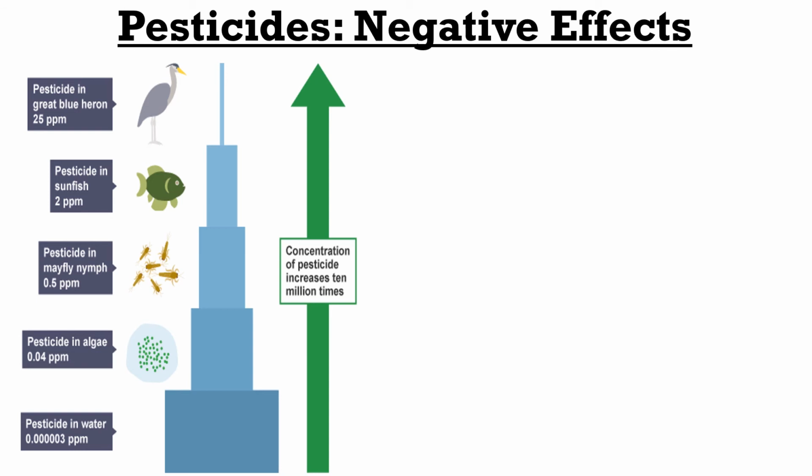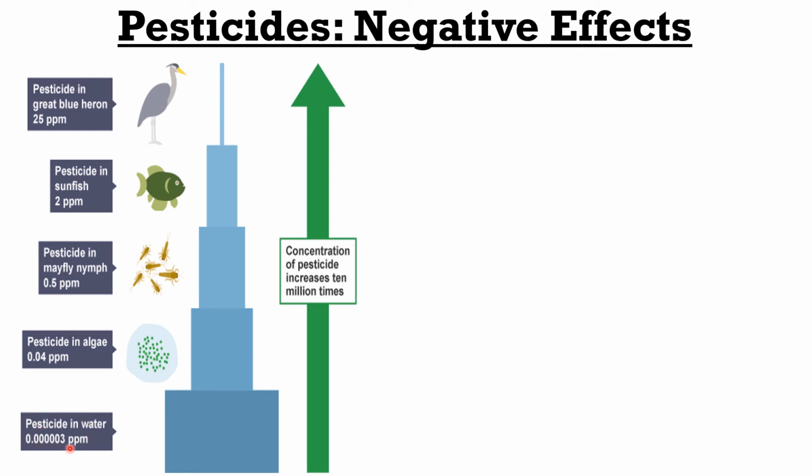However, pesticides do have negative effects as well. What we've got here is a food web, and you remember this is your pyramid of, it's not clear whether this is a pyramid of biomass or a pyramid of energy, but we've got our food web here. You've got the algae, which is consumed by mayfly nymph, which is consumed by sunfish, and is consumed by great blue heron. And you can see the concentration of the pesticide here.